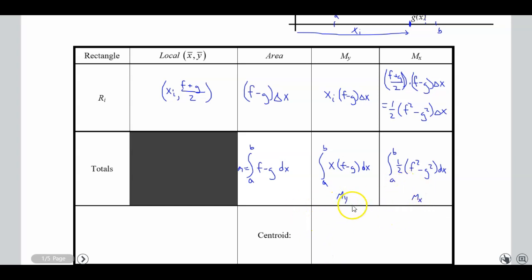We're going to divide just like before, so I'm not going to write integral over integral, but essentially that's what you're going to do, is you're going to take that moment about the y-axis divided by the mass, or the area in this case, and the moment about the x-axis divided by its mass, or again, we're kind of thinking of that as area for this one. So that's the idea behind these guys.